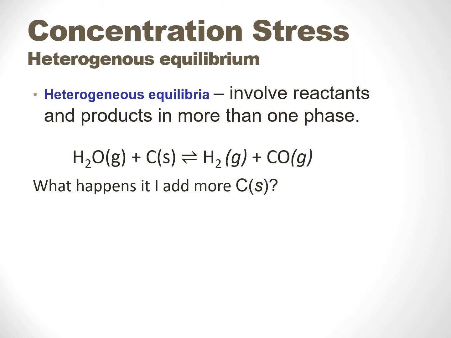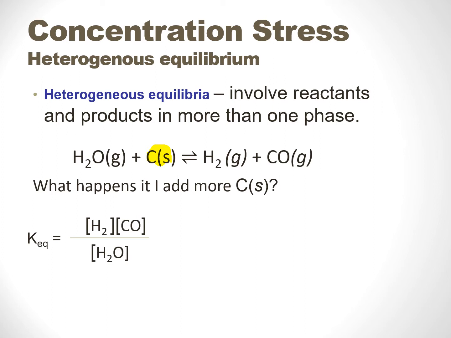If you have a heterogeneous equilibrium, you need to be careful analyzing the effect of stress, because only changes in concentration of those species that do appear in the equilibrium constant will have an effect. In a heterogeneous equilibrium, certain things will not be written in the equilibrium constant. For example, in this case, all species are gas except carbon, which is a solid. So when you write the equilibrium constant, carbon is not there.